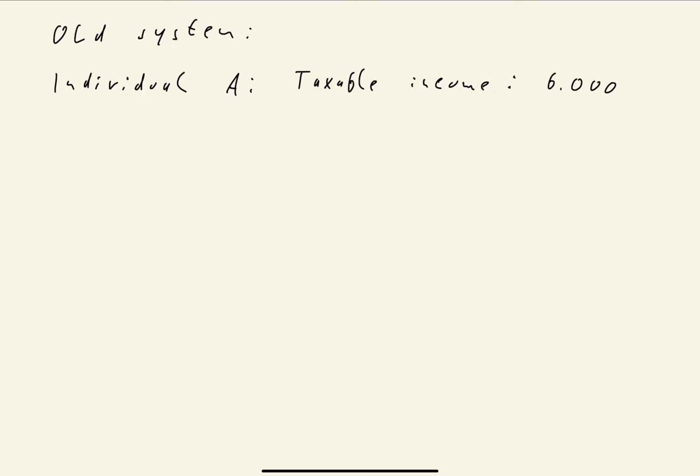Therefore, the tax liability is 6,000 times the tax rate that this individual is paying, which is 0.05. And let me just be sure to calculate this correctly. This should be 300, but I just want to be sure. Yes, this is 300.